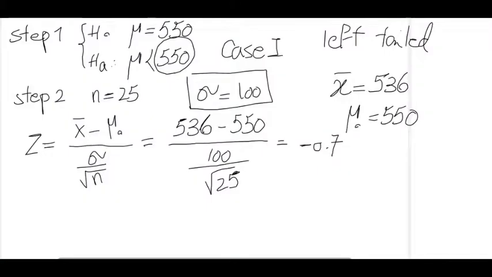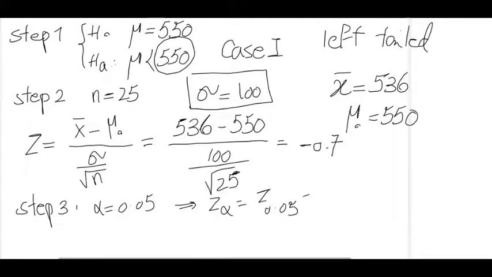So in step 3, alpha is 0.05 and we need Z alpha, which is 1.645. And in step 4 we need to make the final decision.